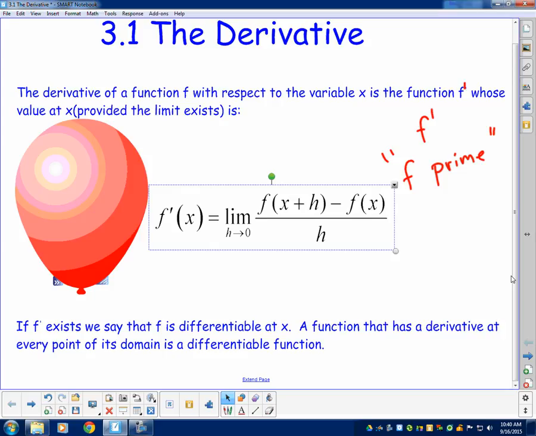This is kind of like our continuity definition. If a function is continuous at every point in its domain, we call it a continuous function. And if a function is differentiable at every single point in its domain, we call it a differentiable function.